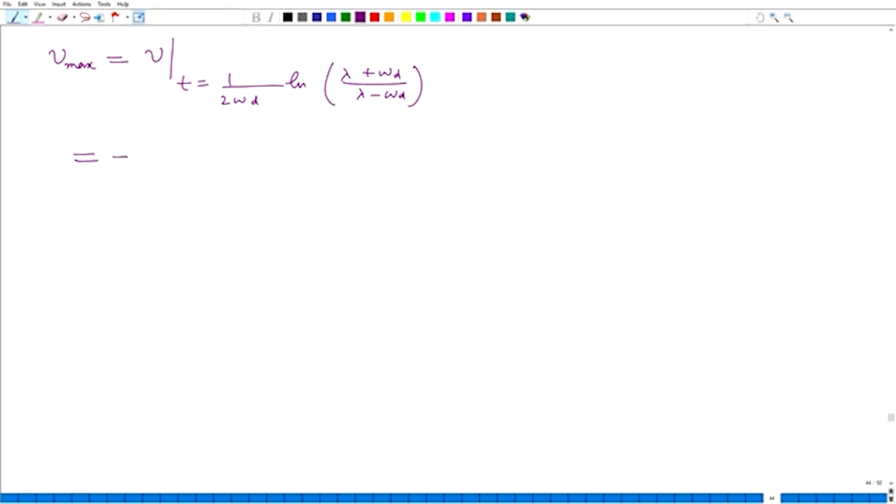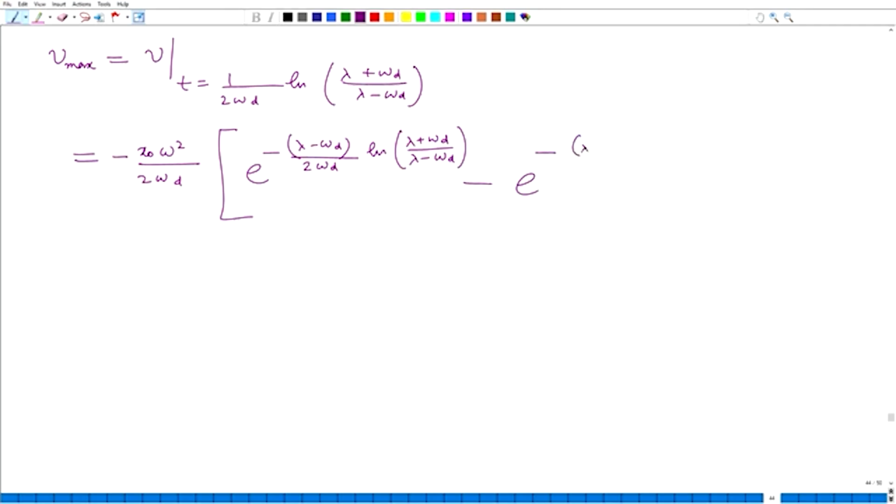actually minus x 0 omega square by 2 omega d, and then you write e to the minus lambda minus omega d, in the place of t you just write 1 over 2 omega d log lambda plus omega d by lambda minus omega d, okay, and then minus e to the minus lambda plus omega d, again for t you write 1 over 2 omega d log lambda plus omega d by lambda minus omega d, okay, and then e to the something.